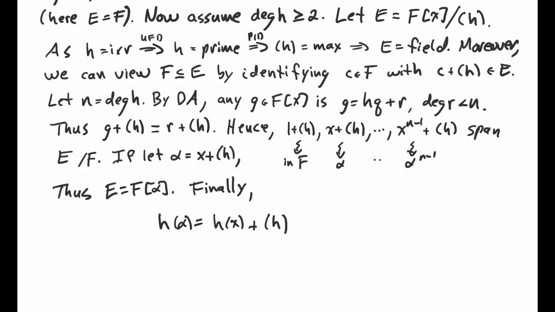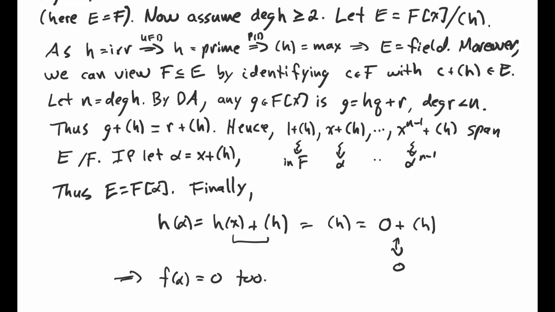But since h of x is, of course, in there, that's just the ideal itself. And if we write this more explicitly, that's 0 plus the ideal. In other words, and this is when we, remember, said how we identify elements in the field, this just corresponds to the element 0 with our embedding of F. So h of alpha is indeed 0. And since h of alpha is 0, of course, this gives that f of alpha will be 0 too.